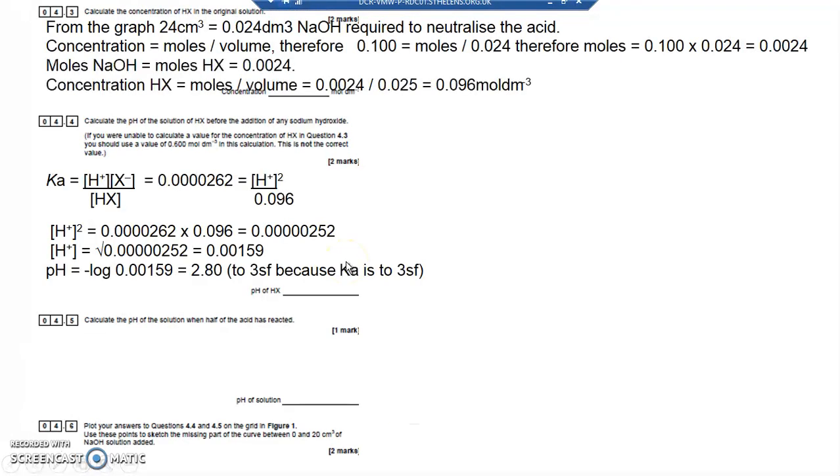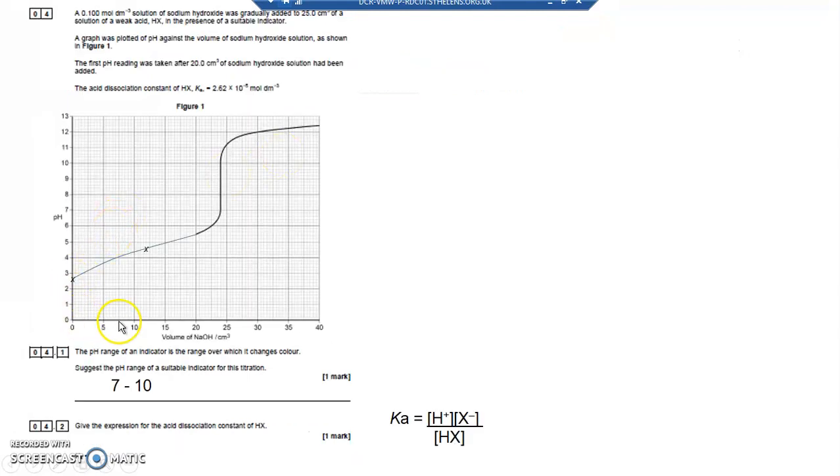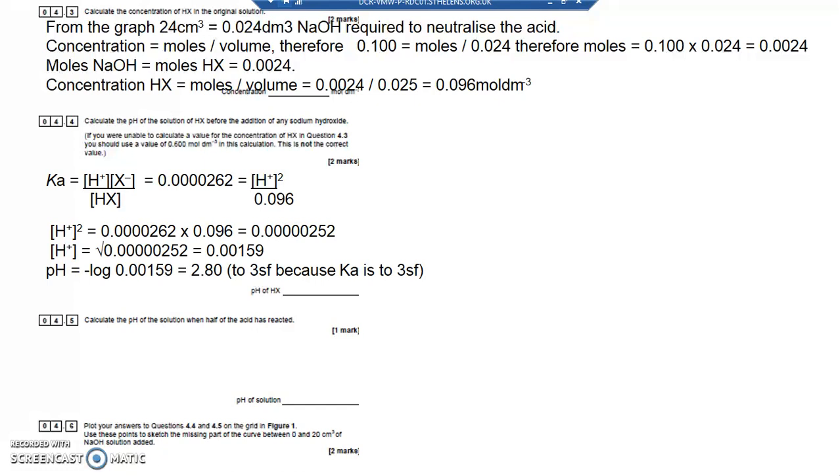I've also got the pH is 2.8 before any of the sodium hydroxide was added. In other words, at volume of sodium hydroxide added 0, I've got 2.8 there.